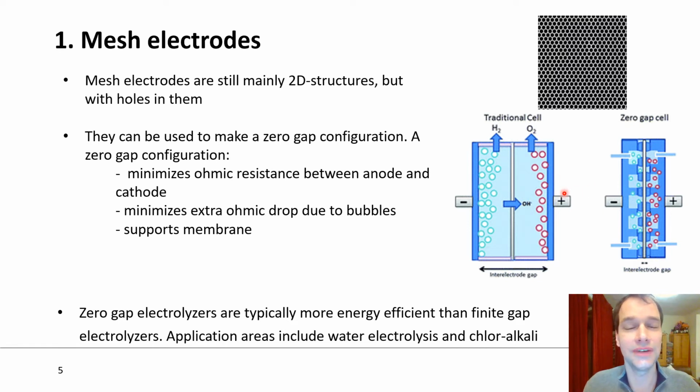So this is why this zero gap configuration is quite attractive. It typically results in more energy efficient electrolysis than the finite gap configuration, this one. And therefore it's used, amongst others, in chloralkali electrolysis, but also in water electrolysis.